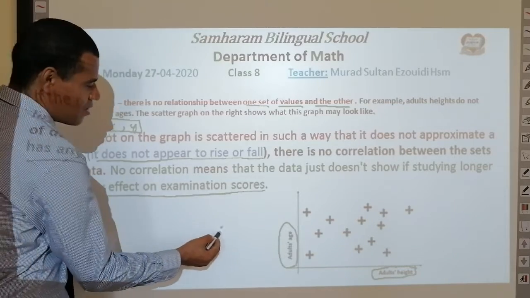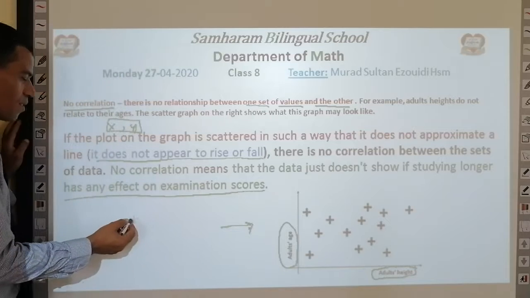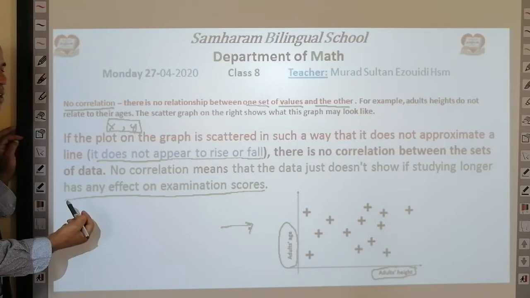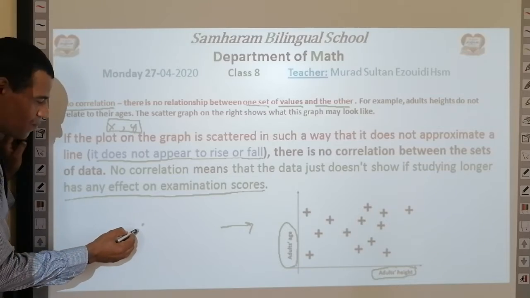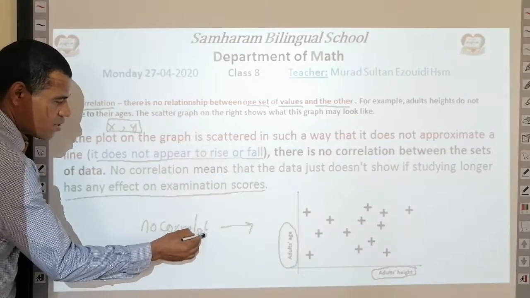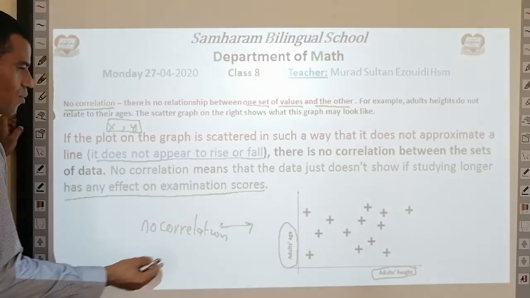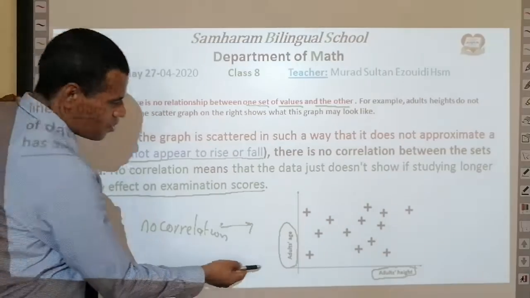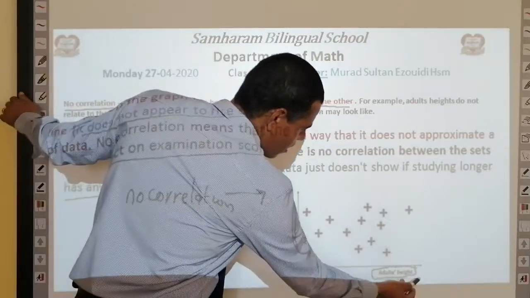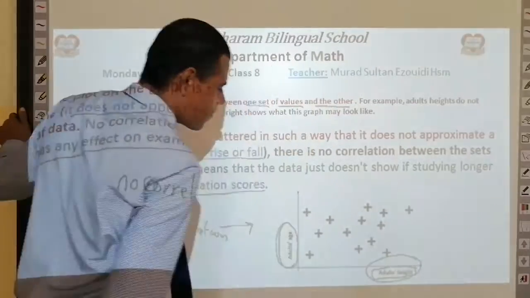So this represents the relationship between two variables where there is no correlation. No correlation means there is no relationship between x and y. There is no relationship between the age of adults and the height of adults.